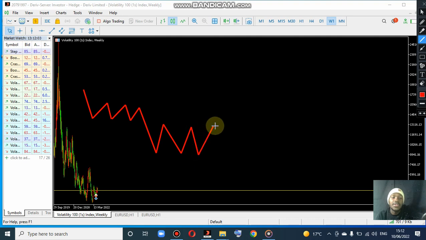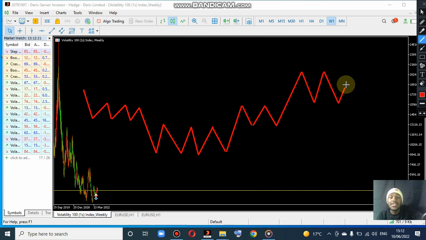We can use any time frame, but mostly I prefer to use higher time frames, because the higher time frame is most of the time accurate compared to lower time frames like 30 minutes, 15 minutes and so on. This is what you will encounter in the market most of the time. I'm not sure if some of you have seen something like this.